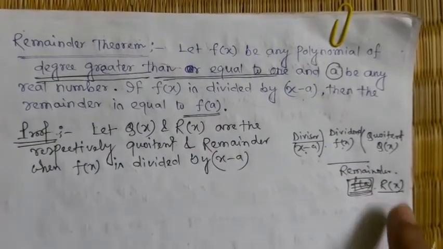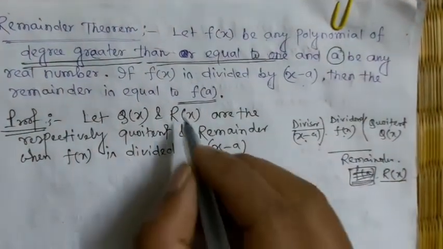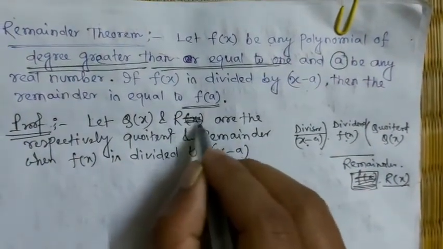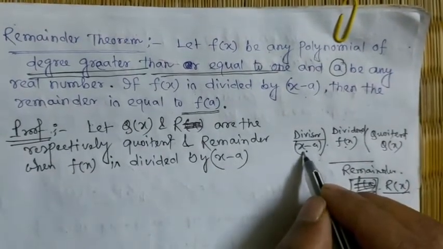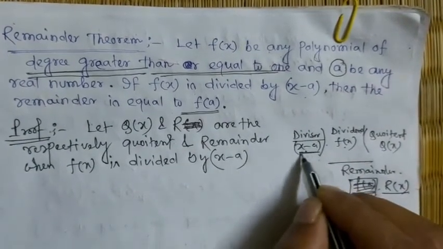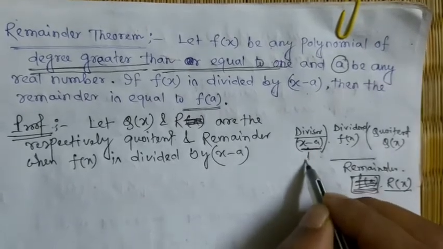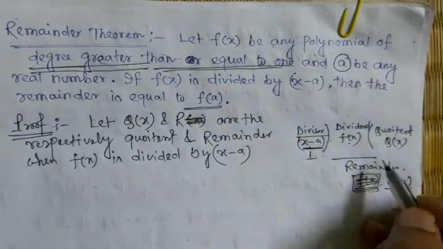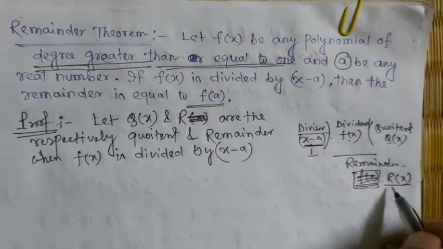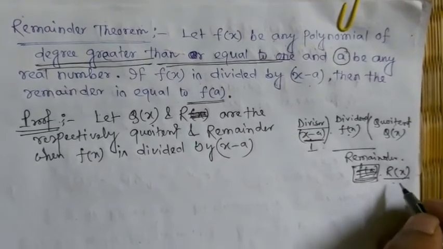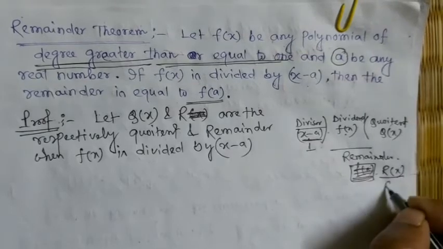Now here this is not r of x, it is only r, because no variable is present. The degree of x minus a is 1, so when we divide, the remainder must have degree less than 1. Less than 1 means 0, and power 0 means a constant number.